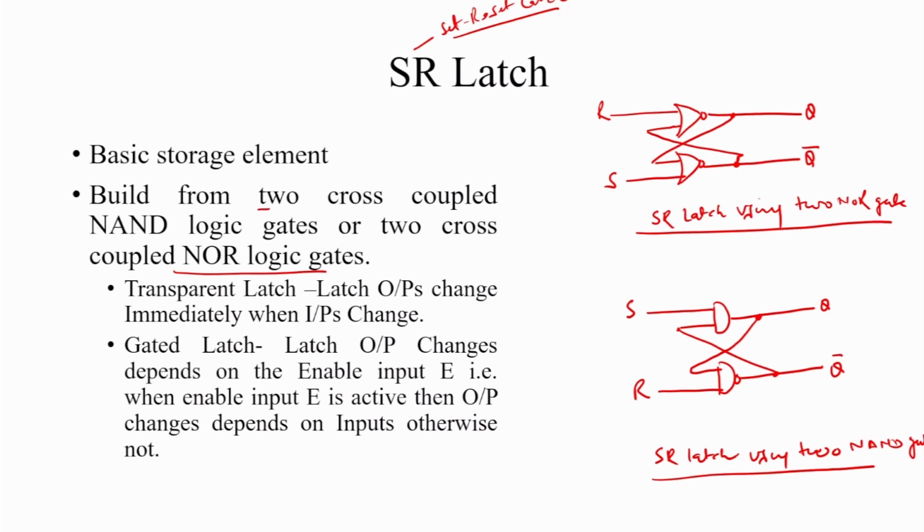How do we generate it? Suppose in the SR latch made using 2 cross coupled NOR gates, the value of S is 0 and R is 0.